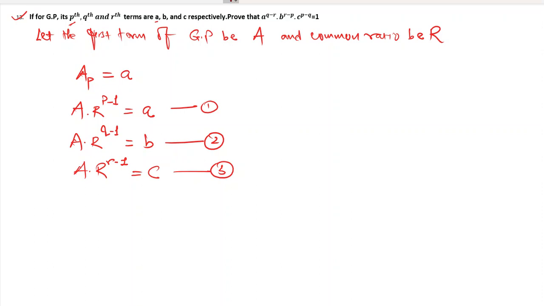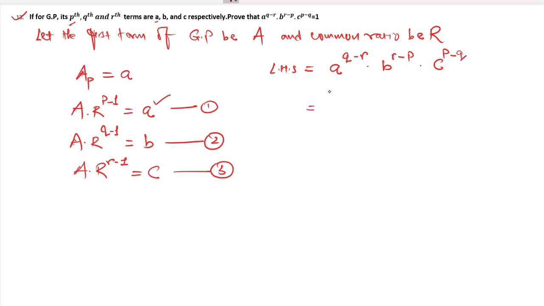So let's write the LHS, which we need to prove, separately: a raised to q minus r into b raised to r minus p into c raised to p minus q. What is the value of small a?